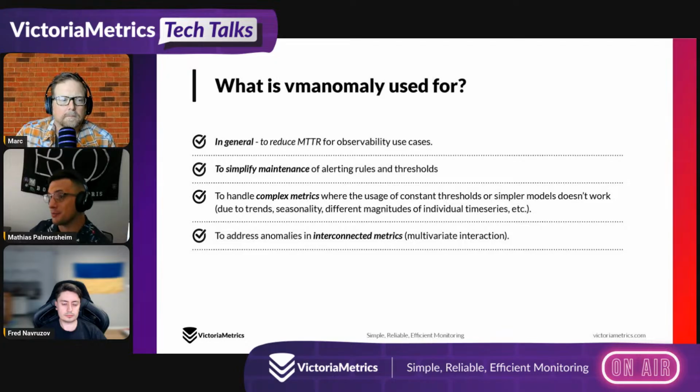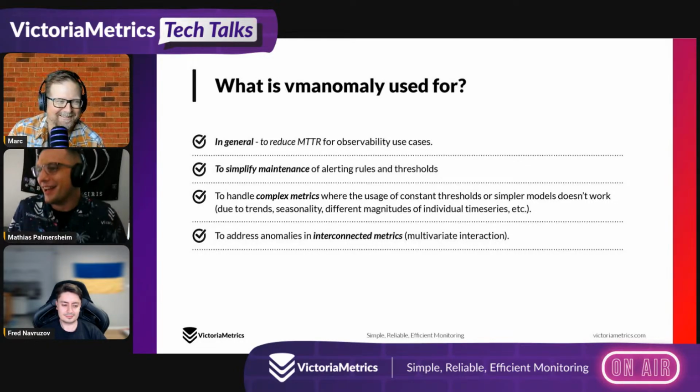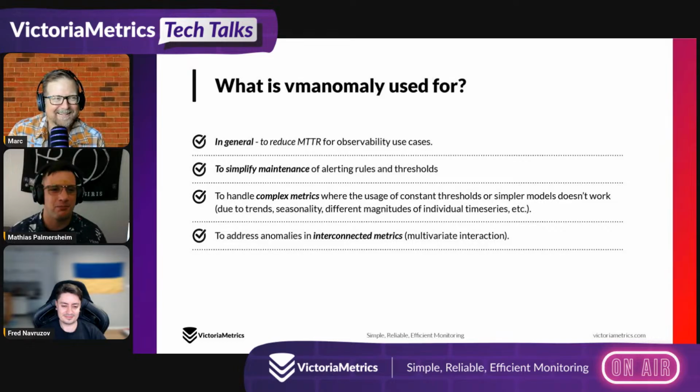My kids were also complaining on our home network that the internet was slow. To figure out what slow means, because my kids can't measure latency in milliseconds, and I'm a failure as a stepdad for not teaching them that, apparently, I was able to measure application latency using Telegraf to periodically go to a website. And then Fred was able to help me generate a configuration for anomaly detection.